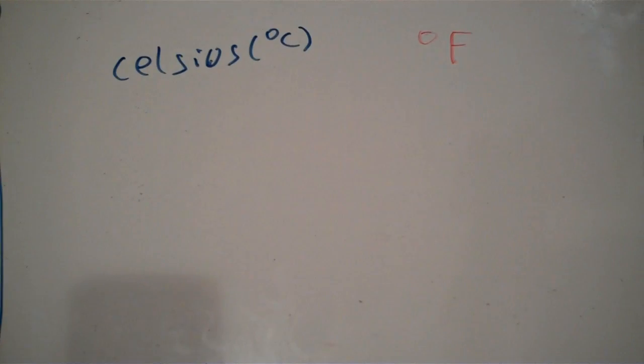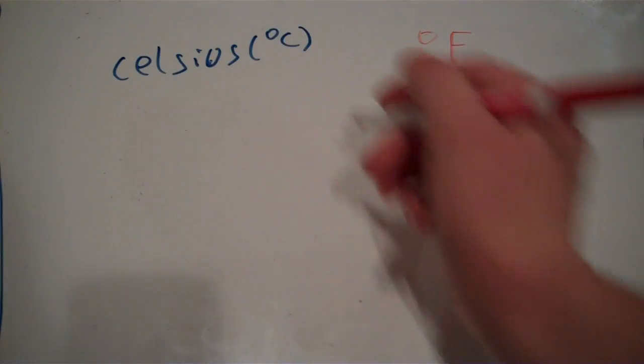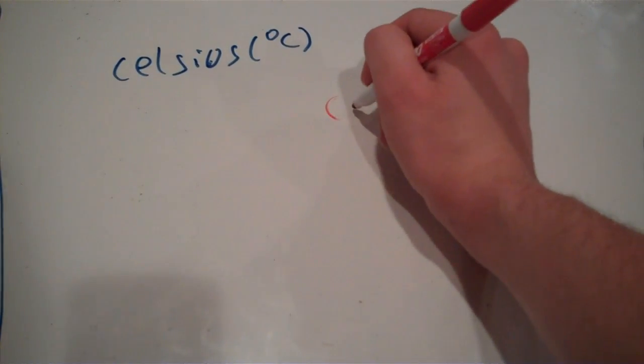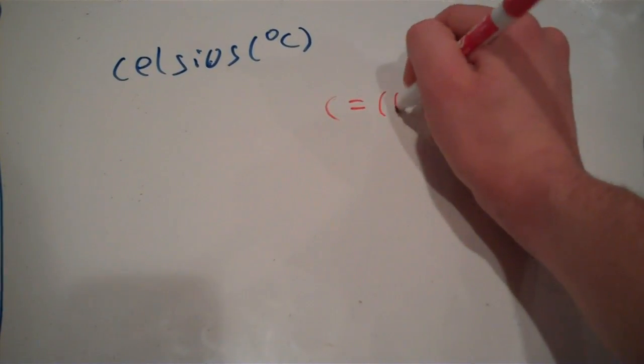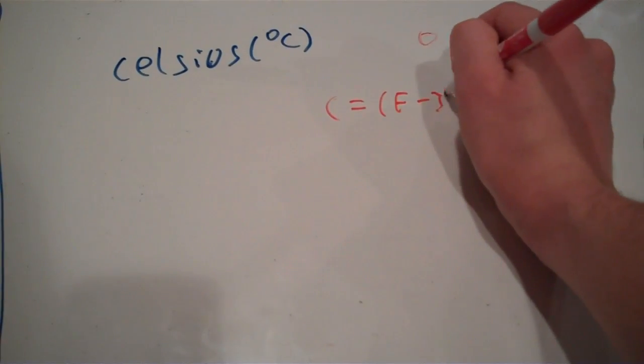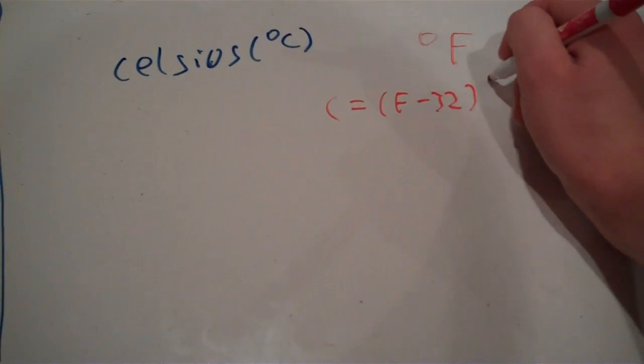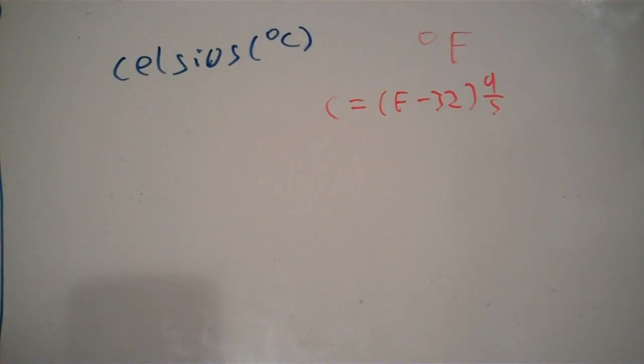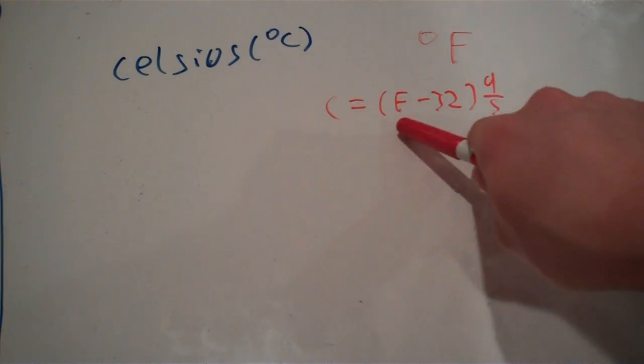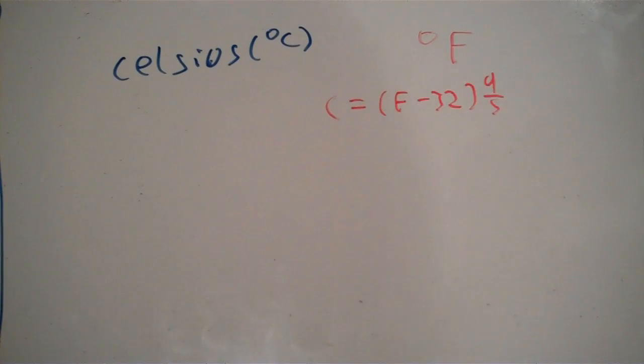There's actually a specific conversion formula to get from Fahrenheit to Celsius. If we have Celsius, we take our Fahrenheit minus 32, and multiply that quantity by 9/5, and we get Celsius.